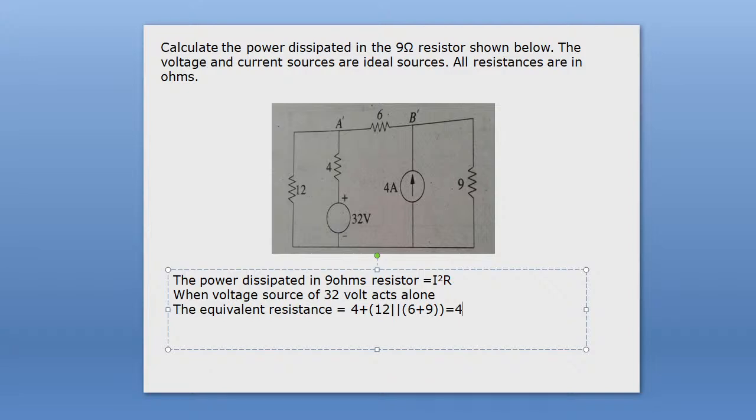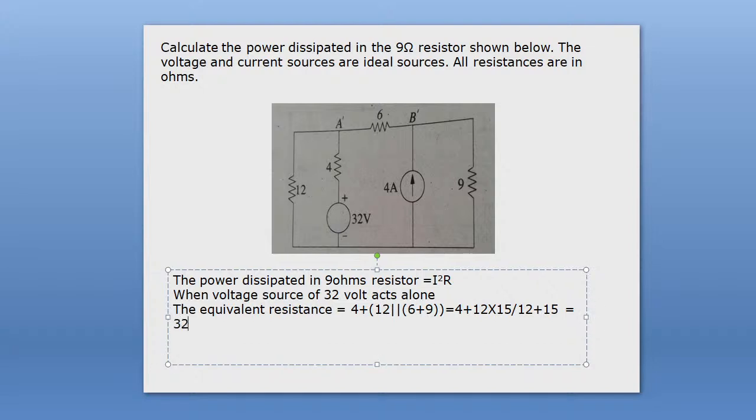So you know, 4 plus the product of 12 into 15 divided by 12 plus 15. So ultimately you will get the expression of equivalent resistance for this case. How much? 32 by 3. You just simplify this thing. You will get 32 by 3 ohms.